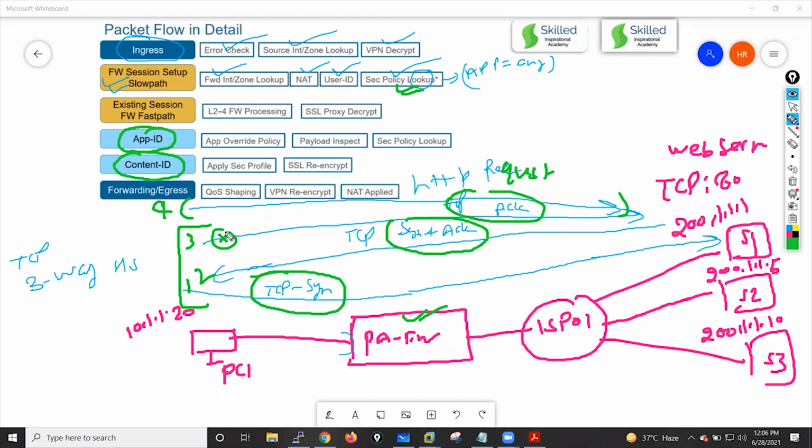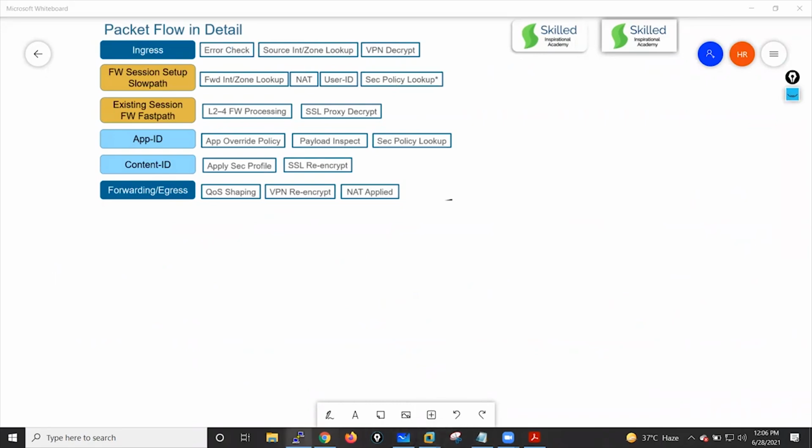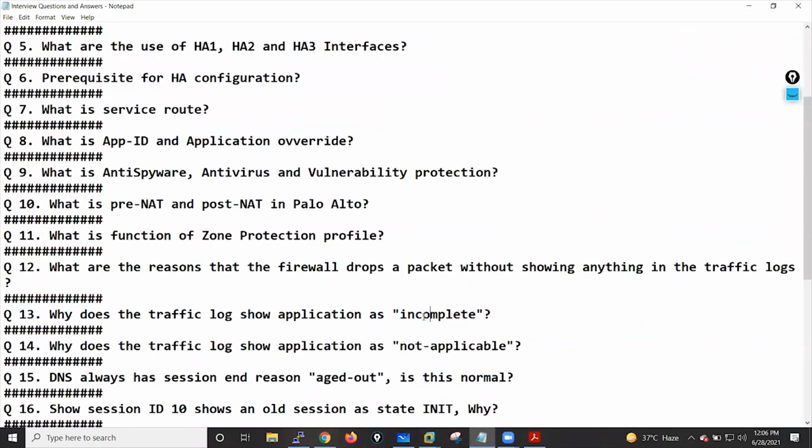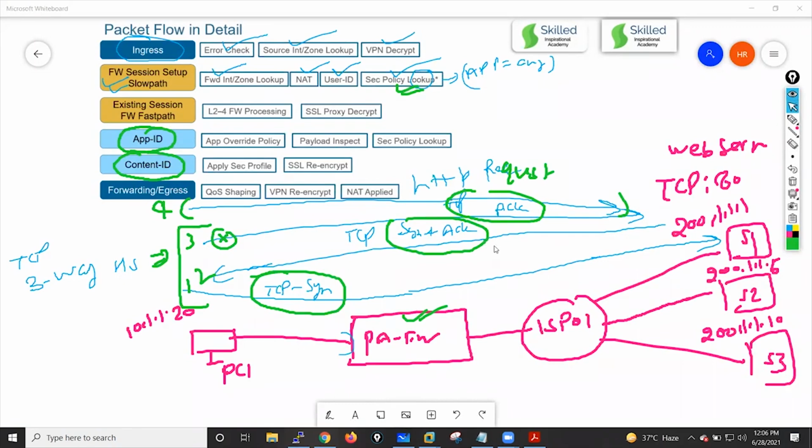Means when all these three messages are not exchanged properly, that time you will see one message in your traffic logs, which is the incomplete application. Application is incomplete because I have not completed the TCP three-way handshake properly. That's the main reason, guys. You will see application as incomplete because these three messages are not exchanged properly between this client machine and this server machine.